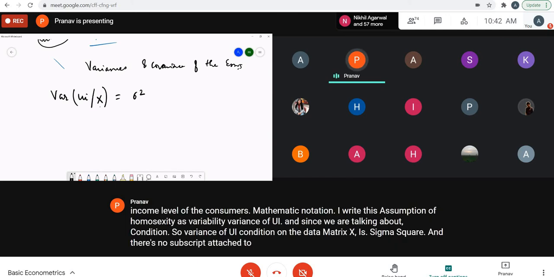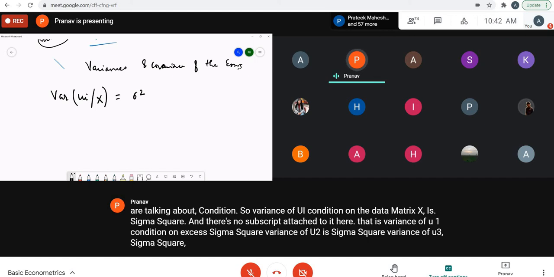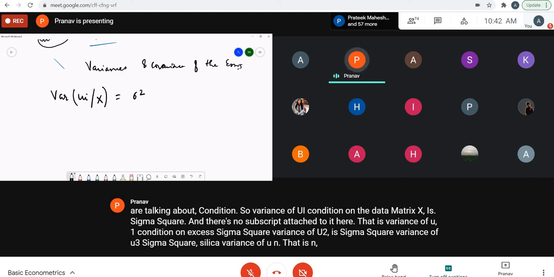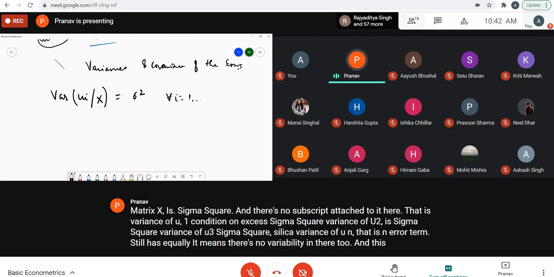That is, variance of u1 conditional on X is sigma square, variance of u2 is sigma square, variance of u3 is sigma square, and variance of un, the nth error term, still has equal variance. It means there is no variability in the error term. And this must hold for all i from 1 till n.